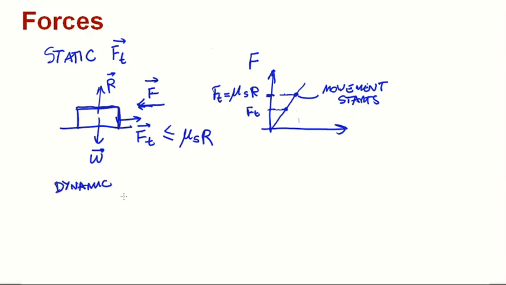So dynamic friction is basically trying to stop your object from moving, and the equation is not that different at all. We denote our friction by a different symbol, and now it's equal to the coefficient of dynamic friction times your normal force.